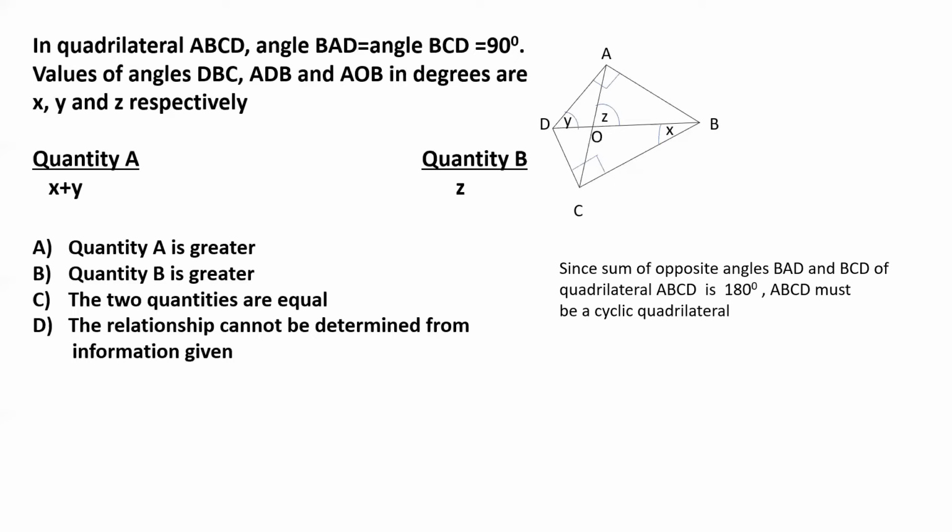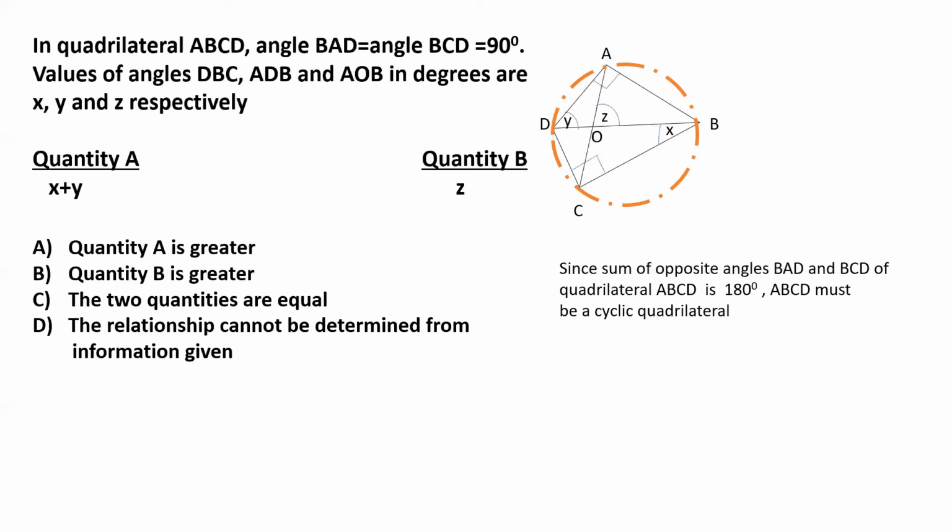So if the sum of opposite angles of a quadrilateral is 180 degrees, then the quadrilateral must be a cyclic quadrilateral. So the vertices A, B, C, and D would lie on a circle. And we can actually, approximately draw that circle out like this. And once you realize this, it becomes a very, very quick solution.